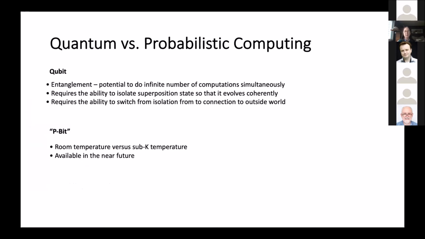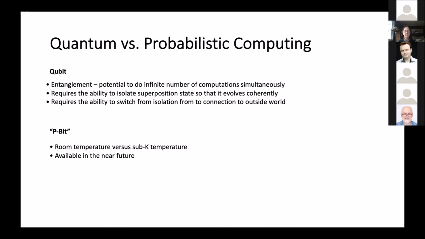You could do an infinite number of computations at the same time, but it requires the ability to make this coherent superposition that evolves over time, and there's a question of how long it retains its coherence. There are also real issues, certainly with the superconducting qubits, of the ability to switch from isolated to connected. So there's still a lot of physics to be worked out there, even though it's a very exciting area.